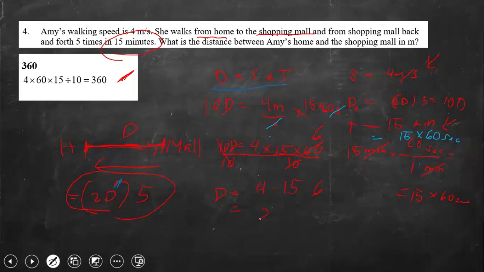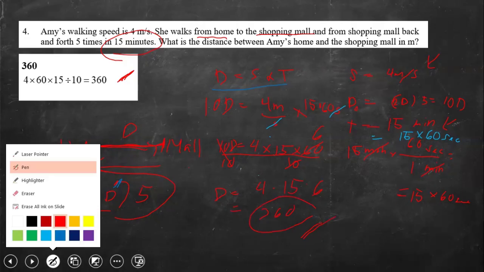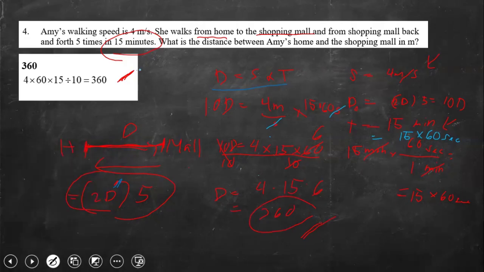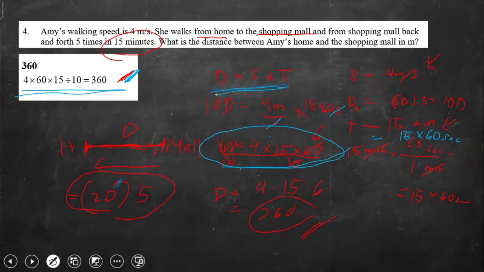That's going to be equal to 360. So you were able to get this equation, right? Just get the distance, the speed, and the time, and then substitute them into the formula. Just remember that distance is equal to speed times time. Okay, next question.